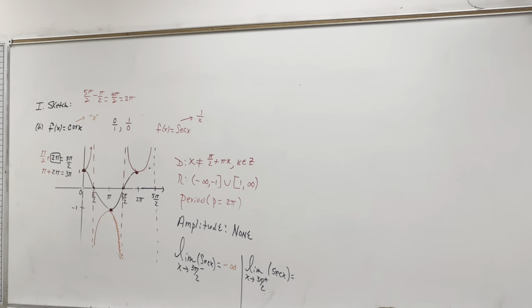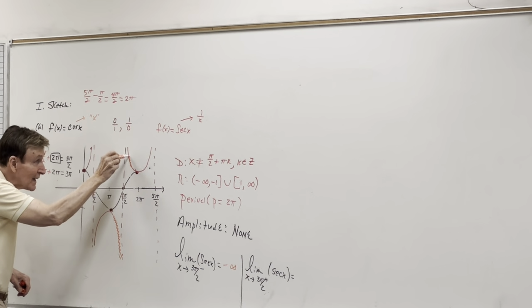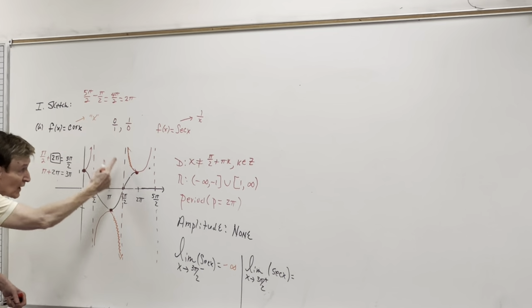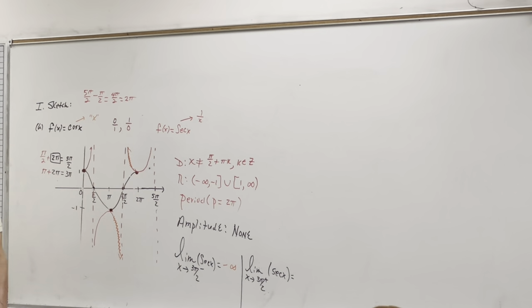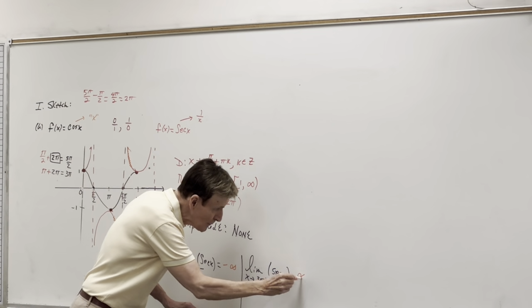Guys, the piece that's to the right of, but close to, 3 pi over 2, the asymptote, is this little piece. You guys agree? And the closer you get to 3 pi over 2, how would you describe the behavior of that graph? Is it going up forever the closer you get to that asymptote? So this time the limit is positive infinity.